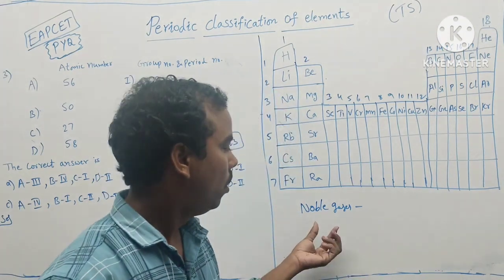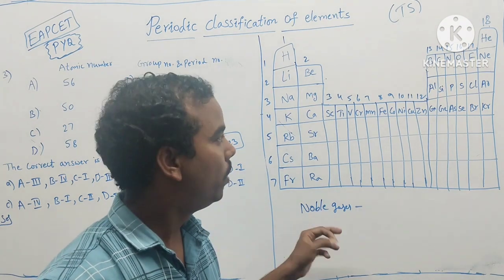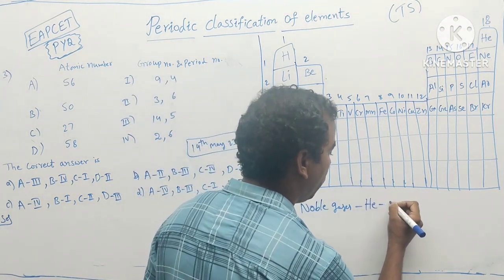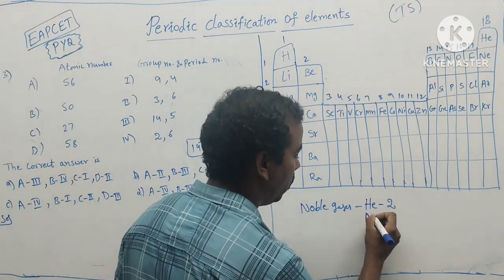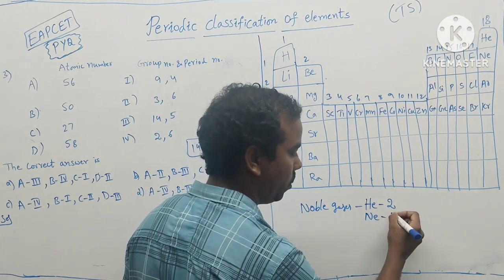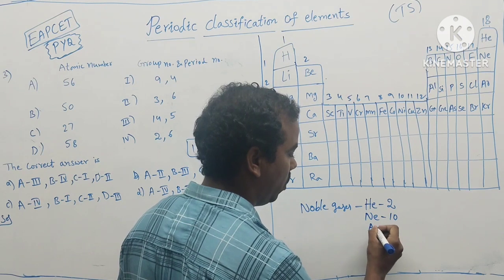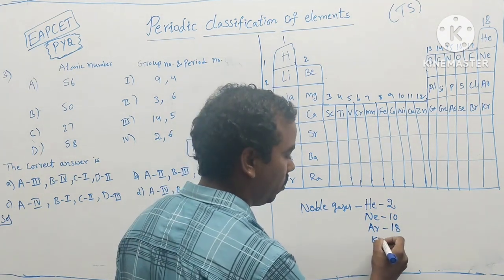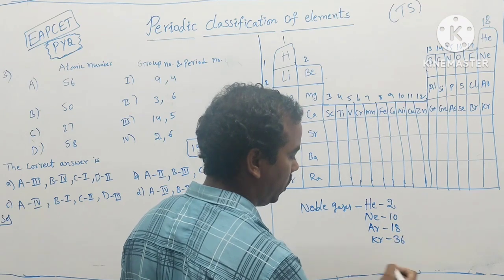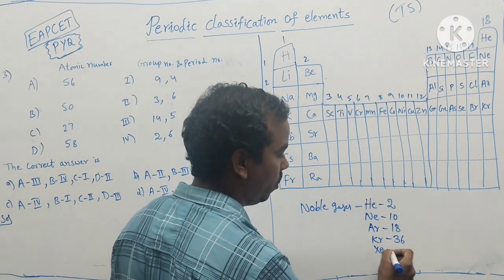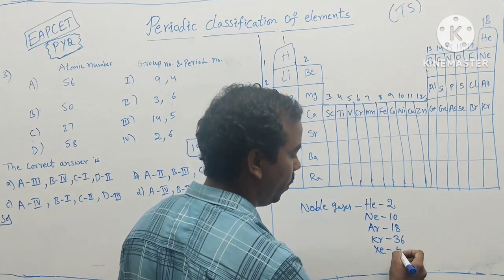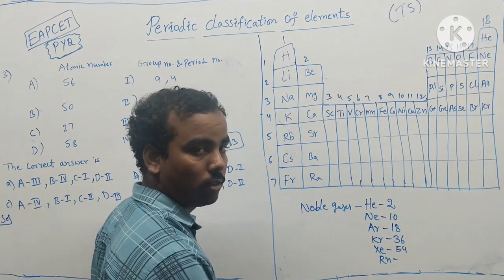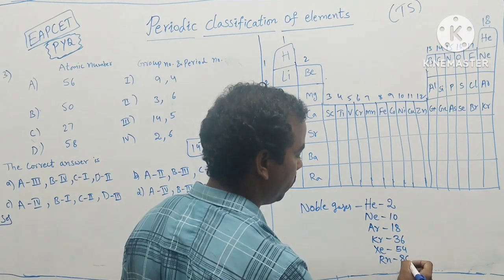So how to find the period number and group number? The noble gases: helium, atomic number 2. Neon, plus 8, 10. Argon, plus 8, 18. Krypton, plus 18, 36. Xenon, plus 18, 54. Radon, 54 plus 32, 86.